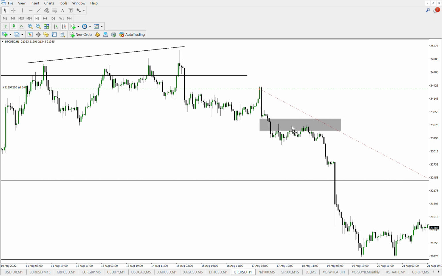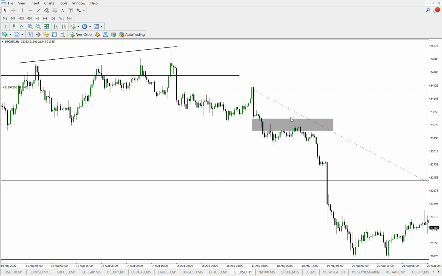Same thing in here. So we have consolidation, a small manipulation higher into this refined hourly fair value gap. Notice how the bodies are respecting this refined hourly fair value gap. The box is the 4-hour fair value gap.